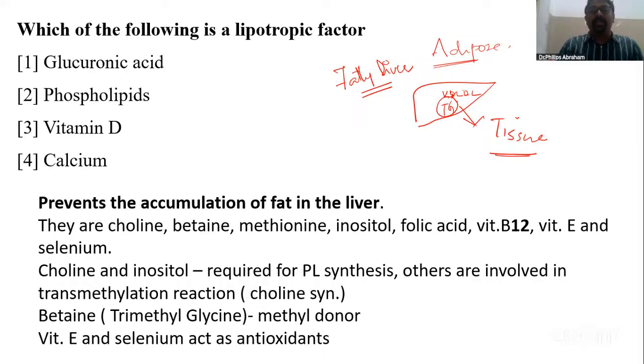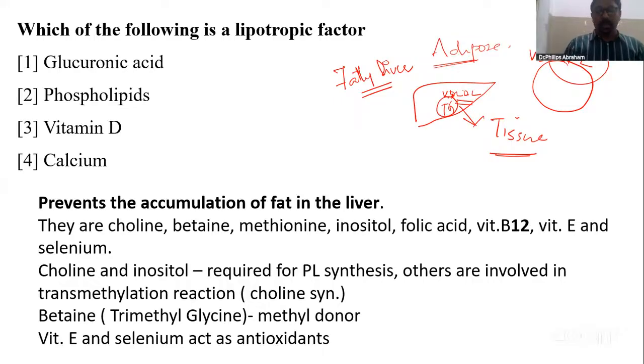As I told earlier, transport of fat from the liver is done with VLDL. Any lipoprotein's outer layer contains phospholipid. So without phospholipid, VLDL cannot be synthesized, and the fat cannot go out. The fat is going out with the help of VLDL only. So any compound that helps in synthesis of VLDL can be called a lipotropic factor.